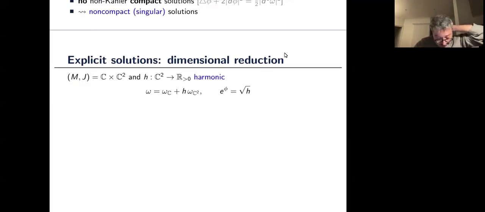So in this example, the simplest thing that we can do is take our complex threefold to be just C times C2, and then I fix a harmonic positive function on C2, or maybe on some open set of C2. E to the phi is going to be the square root of this, and my Hermitian form is just the product of the standard flat metric on C and this conformal rescaling of the flat metric on C2.